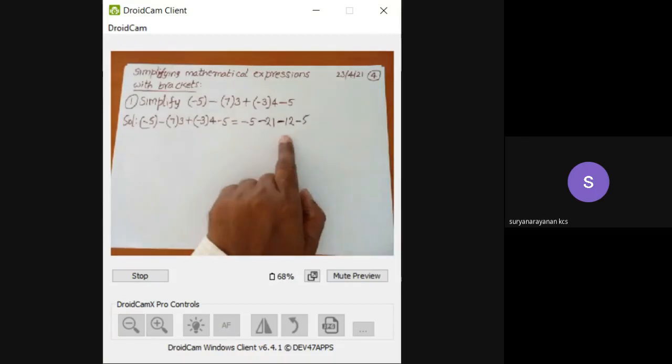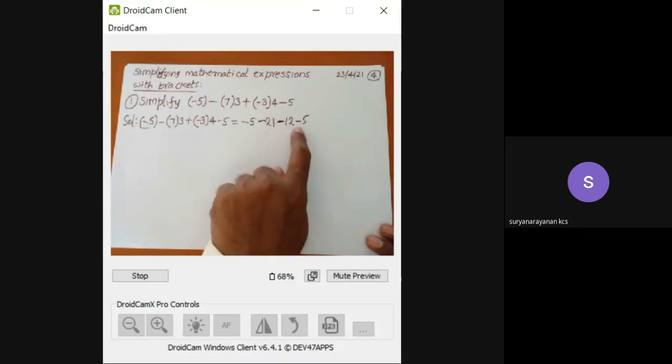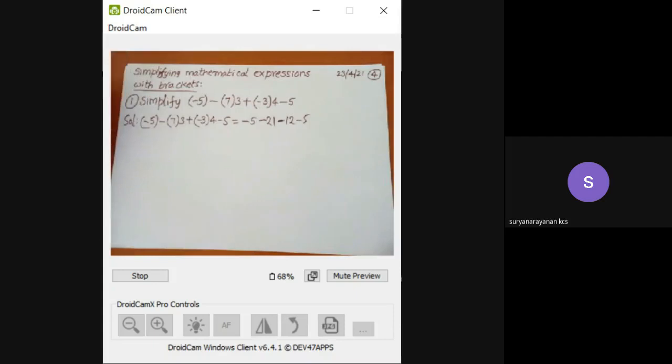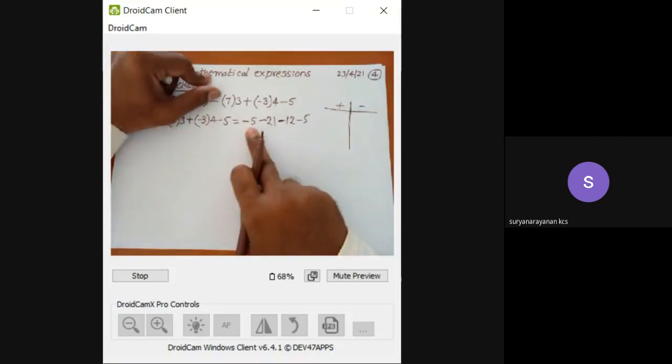Okay, my children. We got here minus 5, minus 21, minus 12, and minus 5. Now let us segregate. Let us classify all these numbers into positive numbers and negative numbers by using this table. What is this first number? Minus 5.